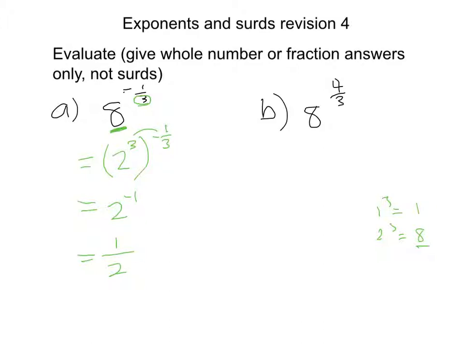Now if we go on with the second example, we have to do the same thing. Luckily for us it's the same number, so we've got 3 as the denominator of our power. So I'm going to rewrite the 8 as 2 to the power of 3. That 3 looks pretty ugly, doesn't it?